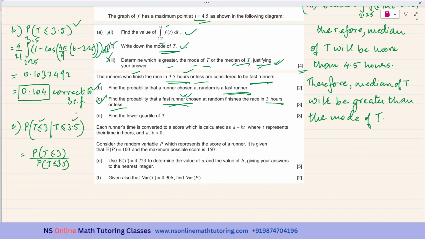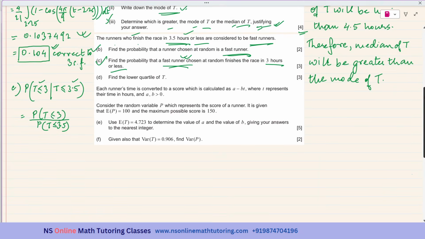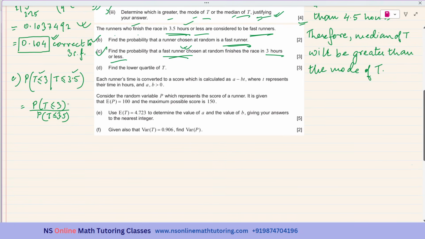Over here, I will be needing this value. So that is why I have written more number of digits for this answer. And then, of course, you have to give the final answer correct to three significant figures. Now, first of all, I have to get the value of P of T less than or equal to 3.